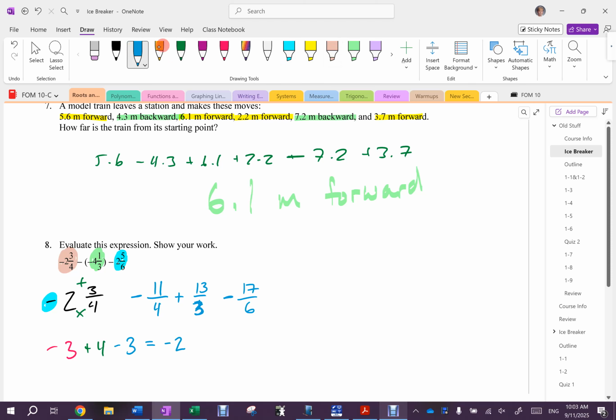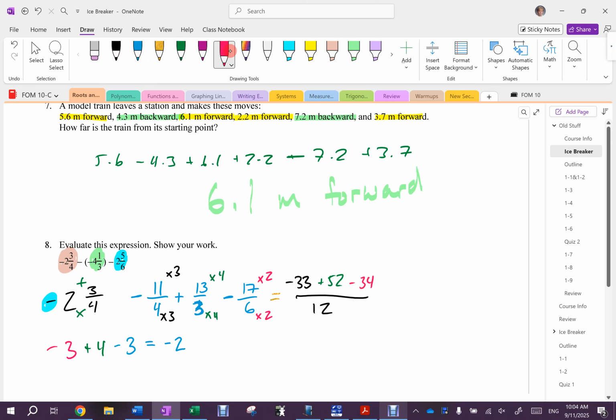Now let's do our work. If you are going to add them, you need a common denominator of 12. To get 4 to 12, you had to multiply by 3, so you have to multiply his partner by 3, -33. To get 3 to 12, you had to times 4, so you multiply his partner by 4, which is 52. Then, to get 6 to 12, you had to multiply by 2, so you multiply his partner by 2 to get -34.